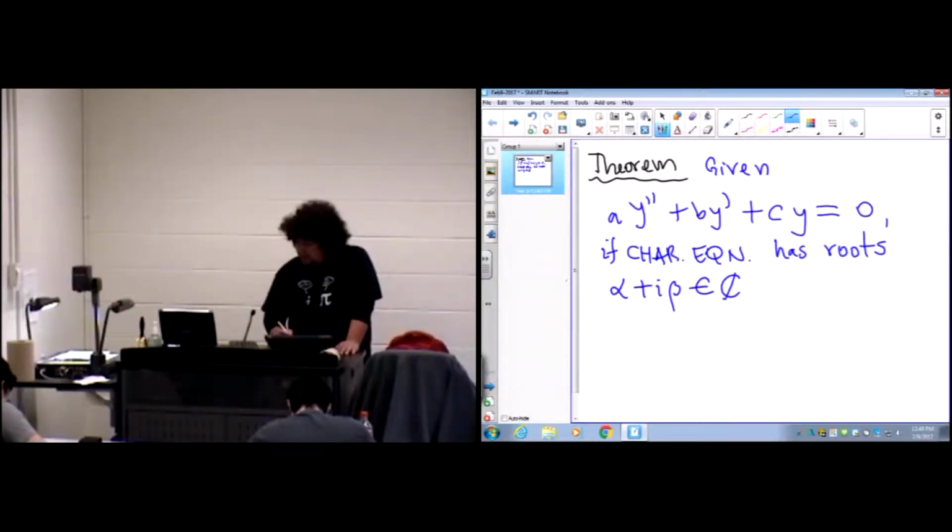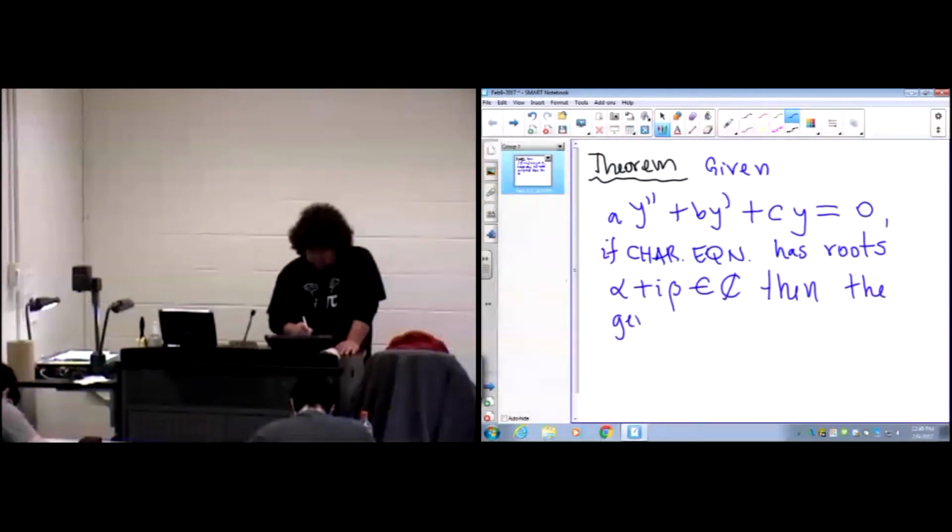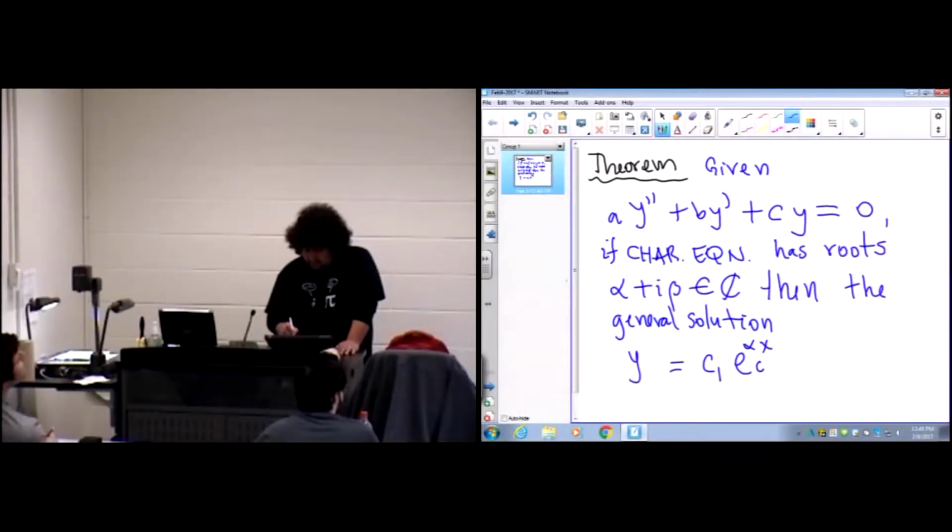Okay, so what we're saying here is that the solution of this second order differential equation has derivatives up to the second derivative, and the coefficients in front of each of these derivative operators are constants, here called a, b, and c. A, b, and c are assumed to be real numbers.